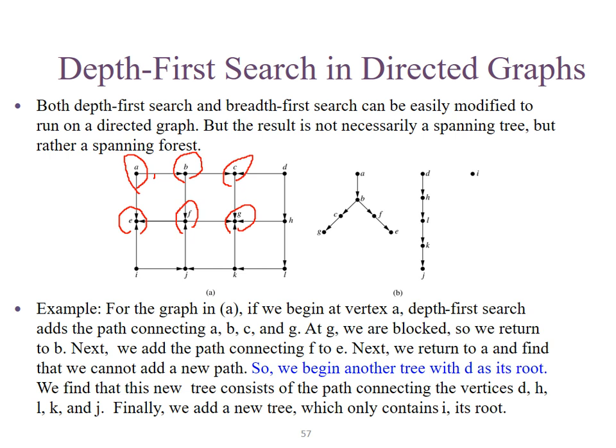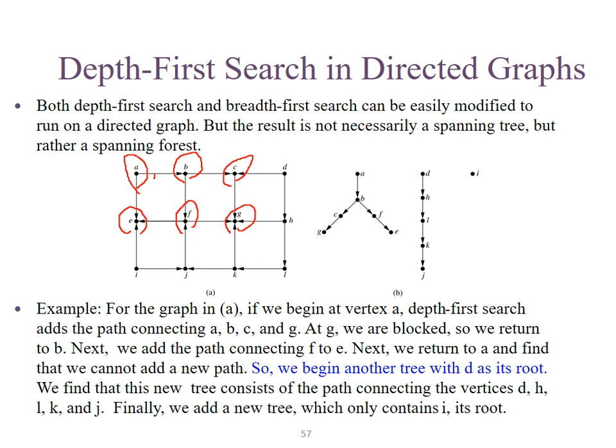And we have the last vertex I. In this case, we have three different directed trees, so we call this a spanning forest, because we cannot have one single spanning tree. Instead, you have three different directed trees.